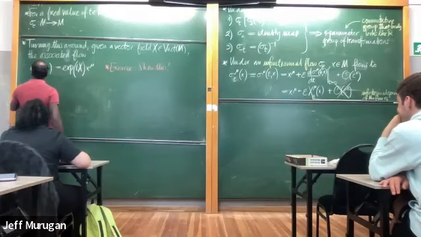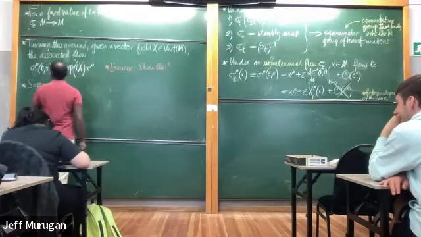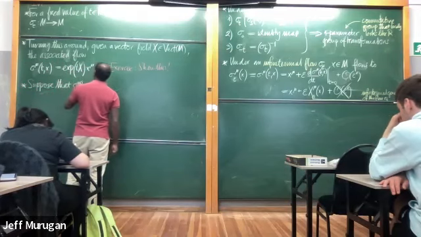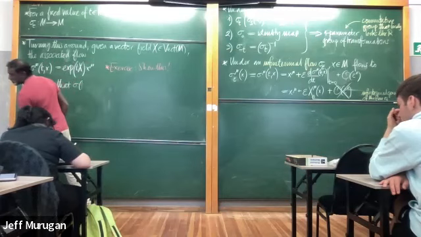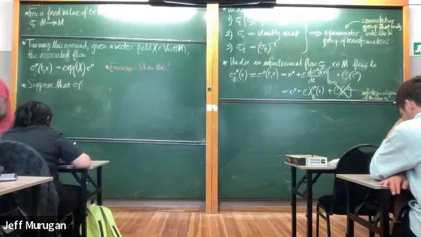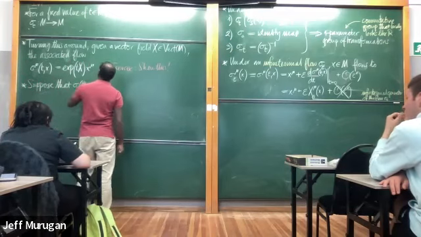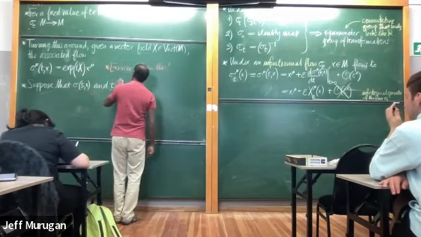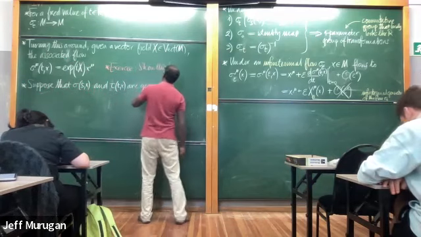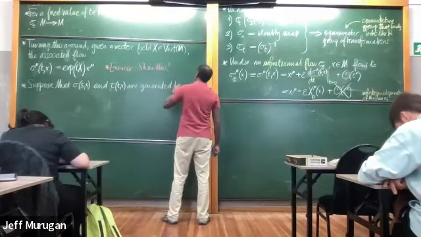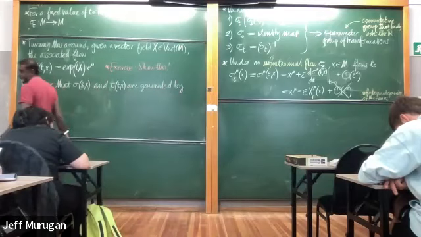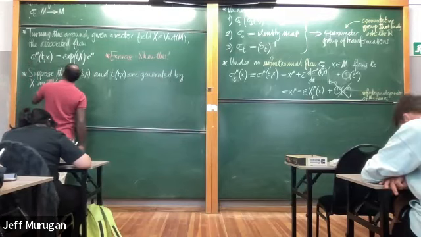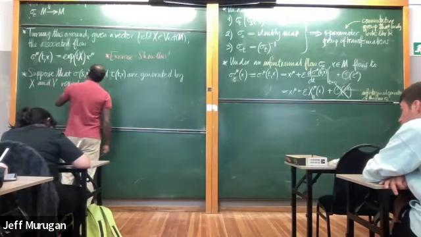So suppose that sigma of s x and tau of t x are generated by x and y respectively.